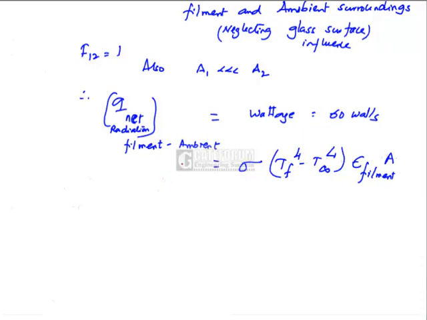So in this equation, sigma is 5.67 into 10 power minus 8 watts per meter square Kelvin to the power of 4.